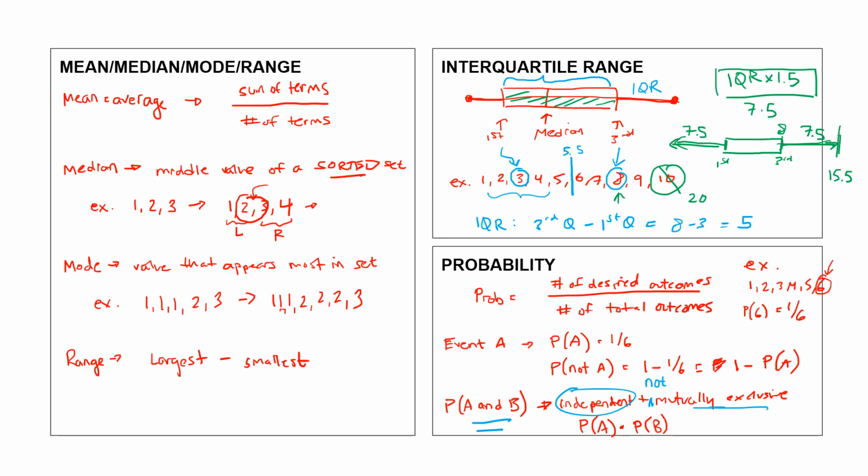So for instance, you cannot both be in 9th grade and in 12th grade. That's mutually exclusive. What grade you're in is mutually exclusive. So here, the 2 rules that we need to be able to multiply with this formula are that A and B, those 2 events, are independent and not mutually exclusive.